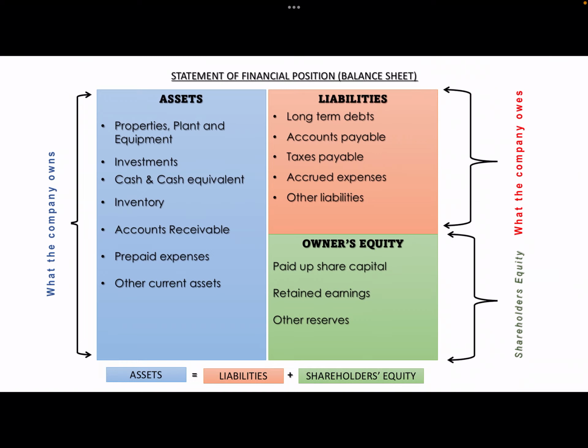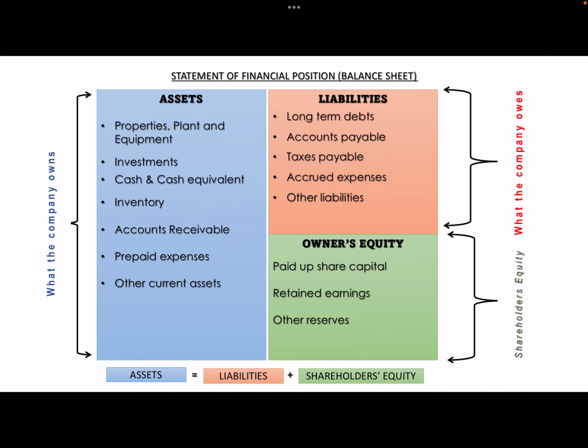On the left side, you have all company assets. That is what the company owns. These are the things that belong to the company. And these assets are financed by long-term debts, monies that are borrowed. They are financed by the owner's equity, which in this case is the owner's share capital, paid-up capital, and their retained earnings.